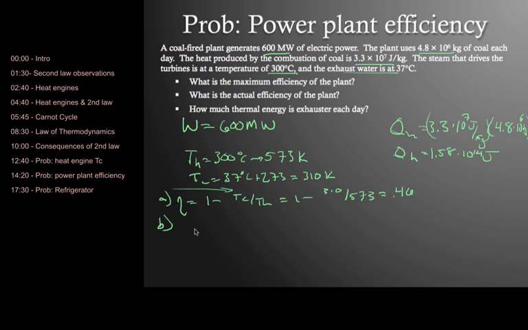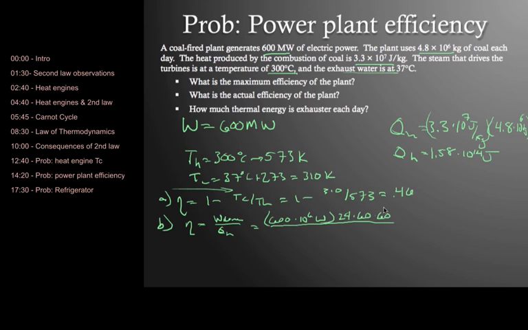Our real efficiency is the work that's done over our QH. The work that's done is 600 megawatts, so that's times 10 to the 6th watts, and then per day, so we have 24 hours in a day, times 60 minutes, times 60 seconds.